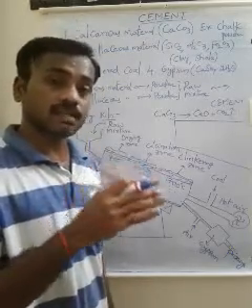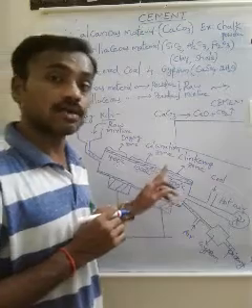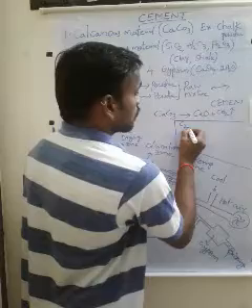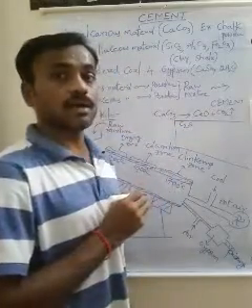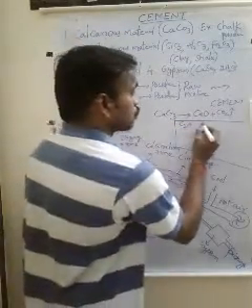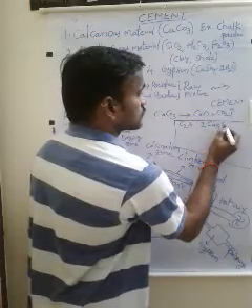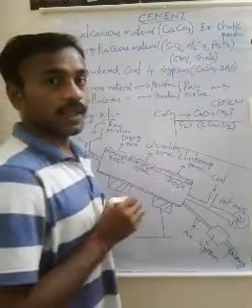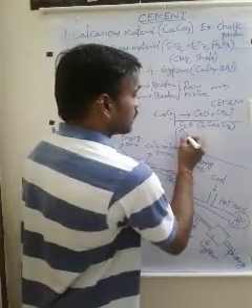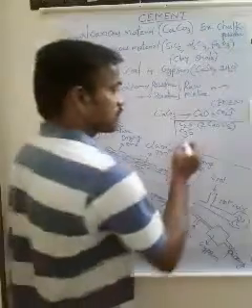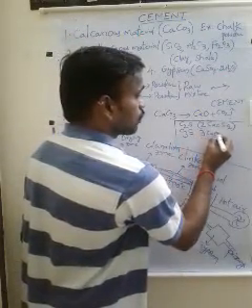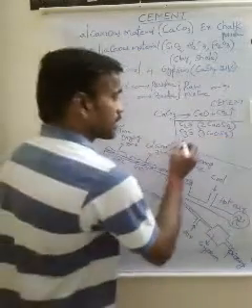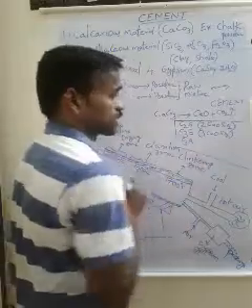Cement is a mixture of calcium silicates and calcium aluminates, like dicalcium silicate, 2CaO.SiO2, represented by C2S, and tricalcium silicate, 3CaO.SiO2.